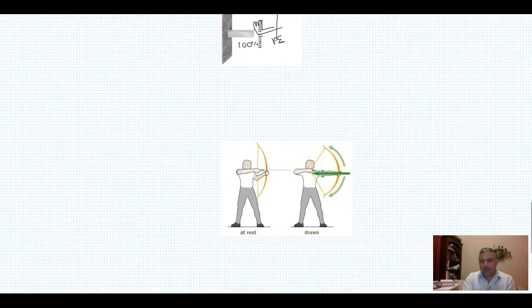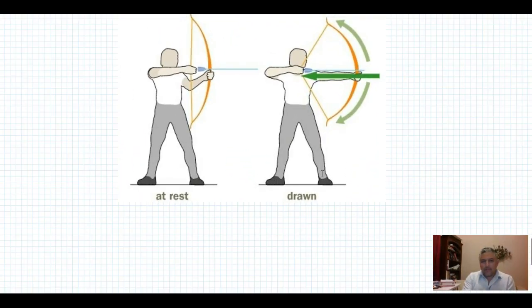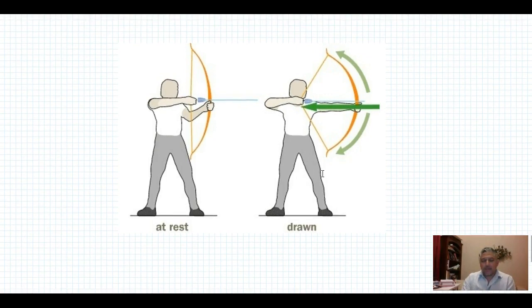All right, this is a bow and arrow. Let's take a look at it. Now this one is at rest. The potential energy on this one on the left side is 0% because it's not putting any pressure on it. Let's say that this one over here on this side is the max you can possibly pull this thing.